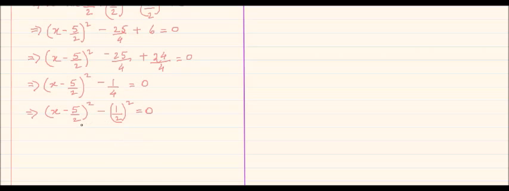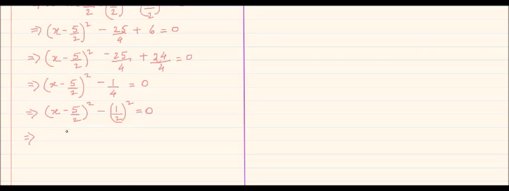Right? And again we see this is in the form of an algebraic identity a² minus b², where a is representing this x minus 5/2 and b is representing this half. So this is of the form a² minus b². And what is a² minus b² equal to? It is equal to (a plus b)(a minus b). Very good. So we write that.